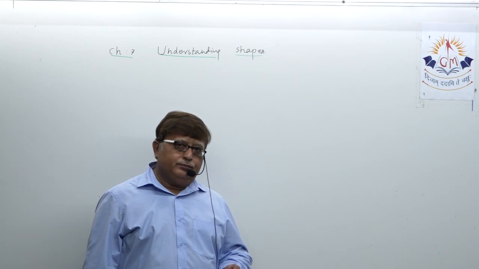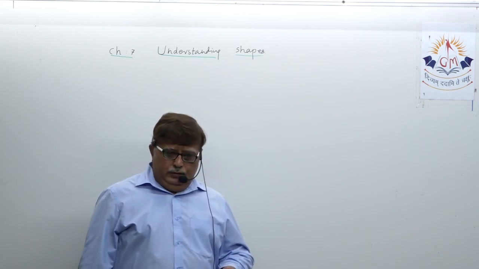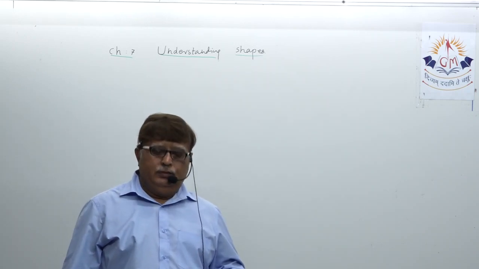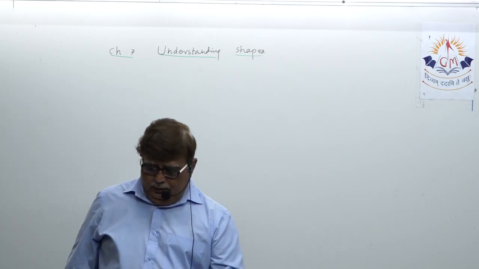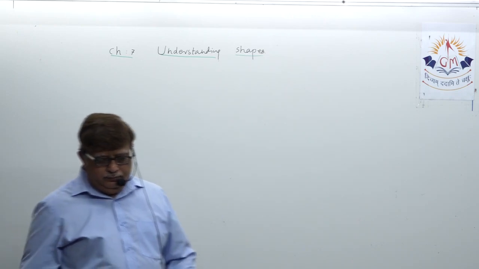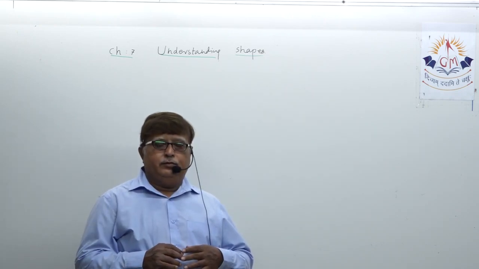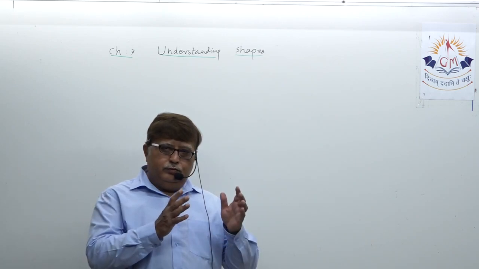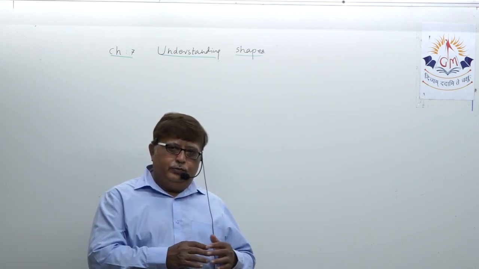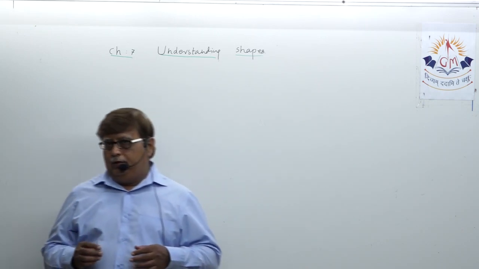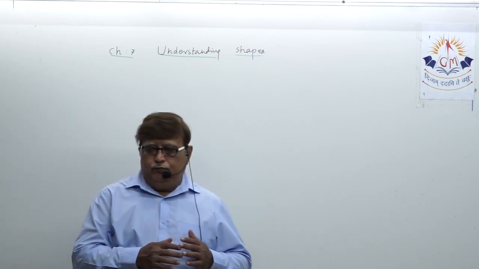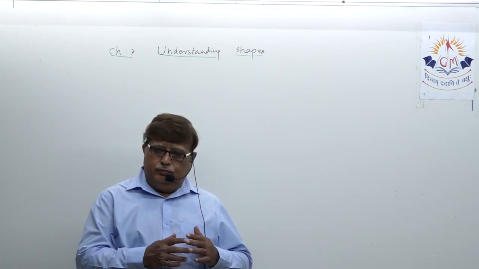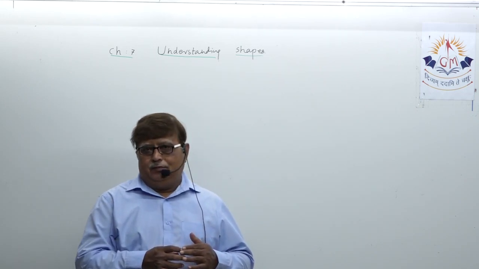As you know, in our last lecture number 7, we solved some examples based on those four properties of parallelogram which we have understood in the format of theorem 1 and theorem 2.